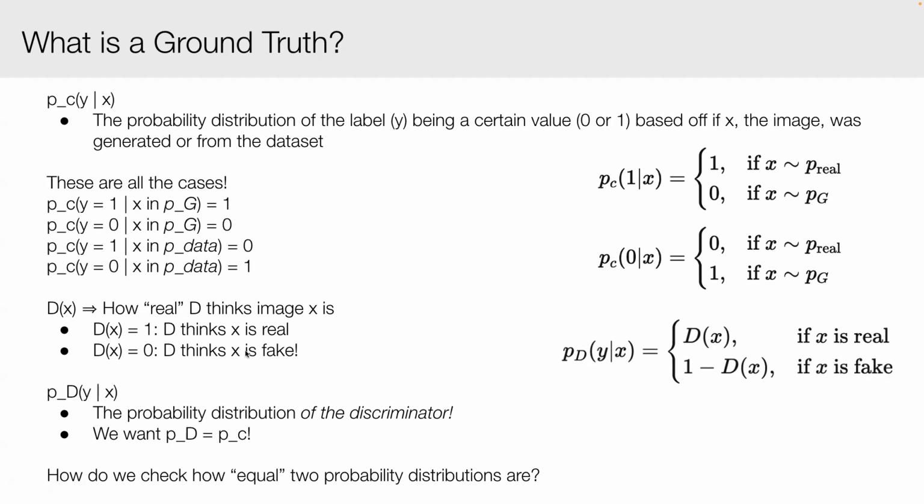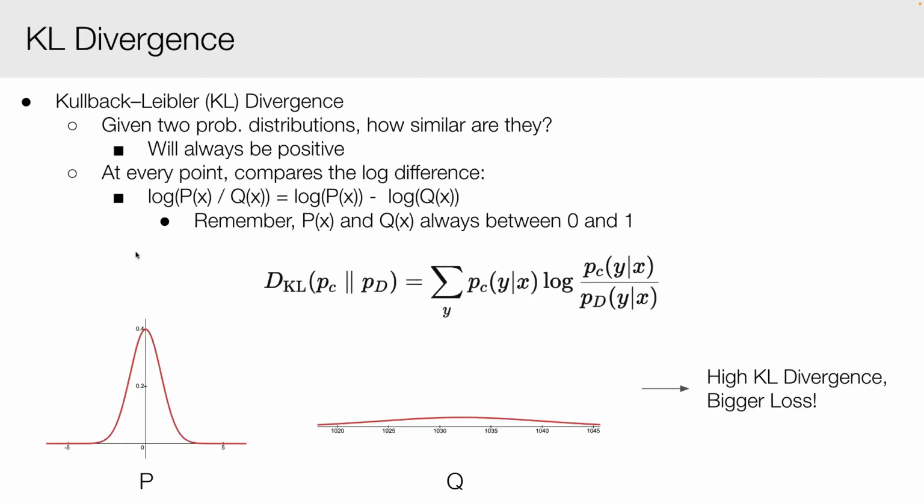So what we want is the probability distribution of the discriminator's outputs to match that of the ground truth, right? So just as how we wanted the generator's distribution to match the distribution of the data set, so P of G equals P of data, we want P of D, the discriminator, to match the distribution of P of C, the ground truth. Okay.